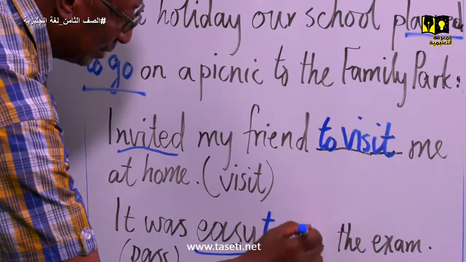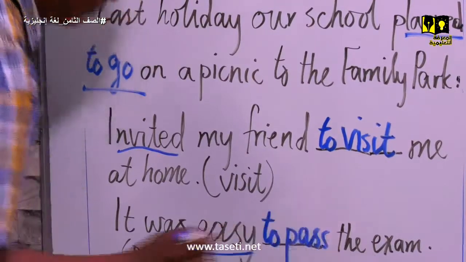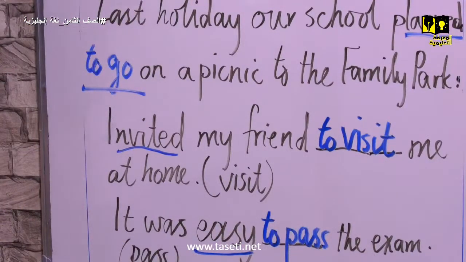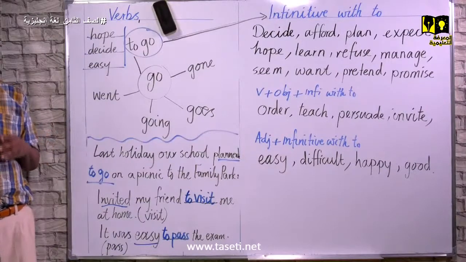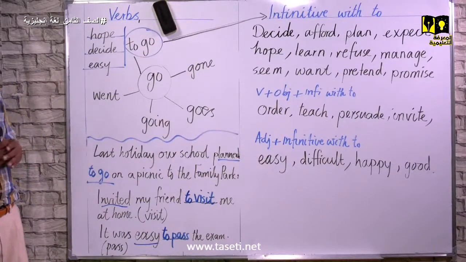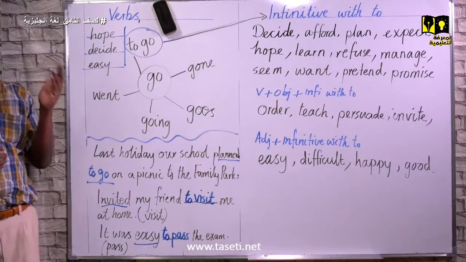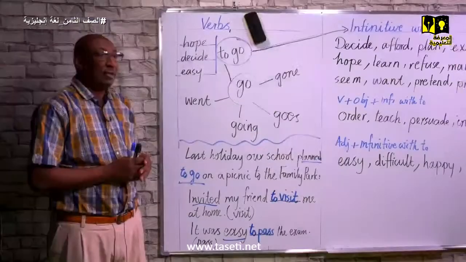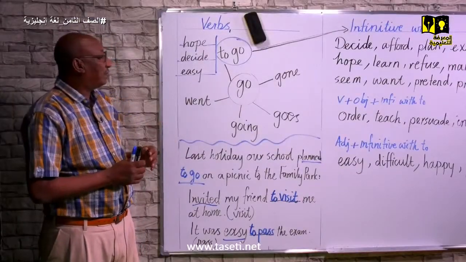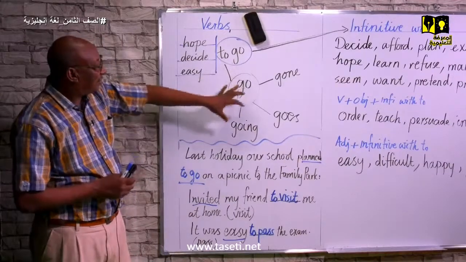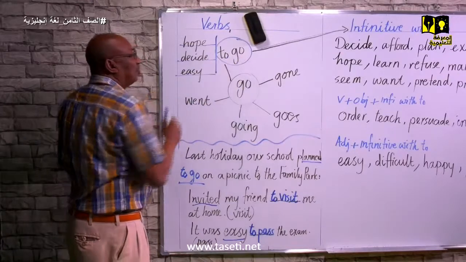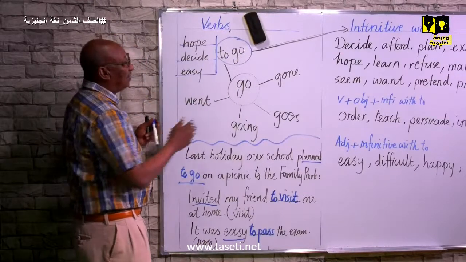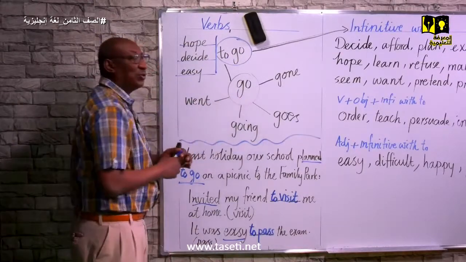To pass the exam. Yeah, that is all about the infinitive with to. And next time we are going to have some more examples on the infinitive without to, and also we have gerund. From this diagram here, you see this is the infinitive with to, right? And this is the infinitive without to.